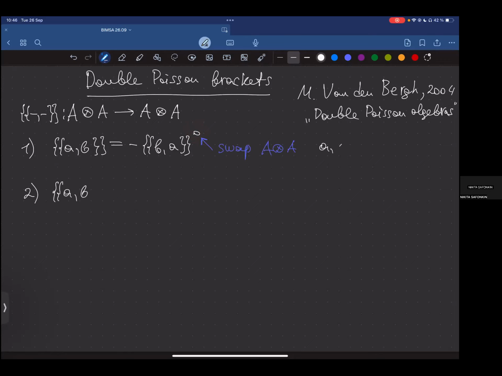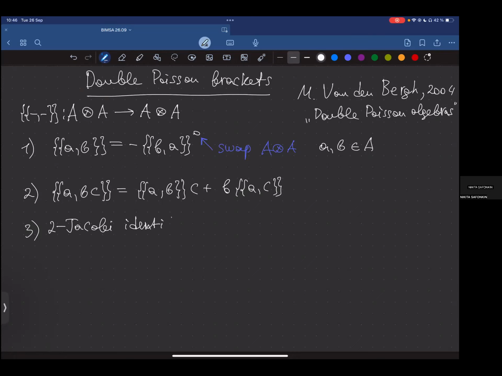Here, of course, A and B are elements of A. And the third property is the double Jacobi identity, which can be read.